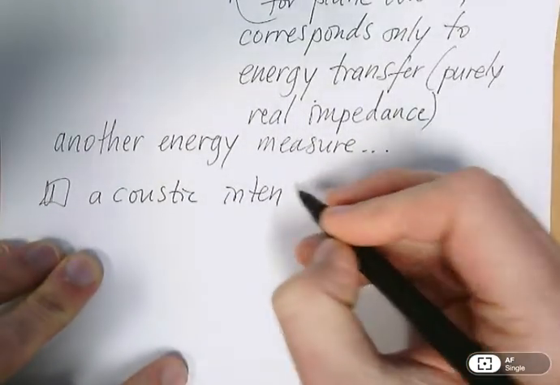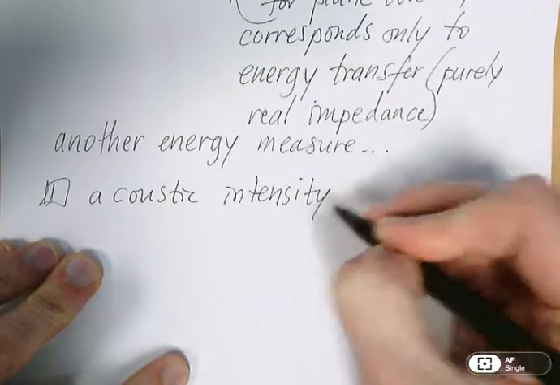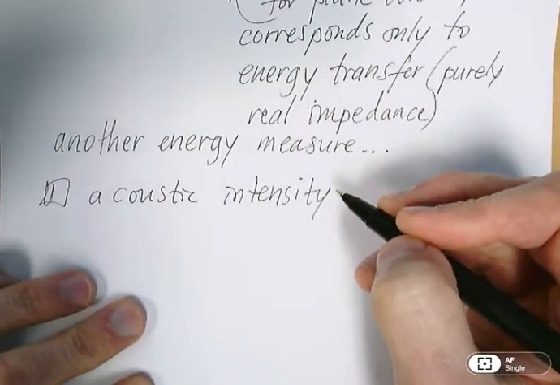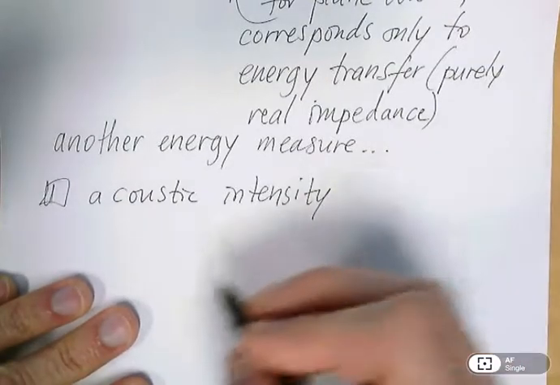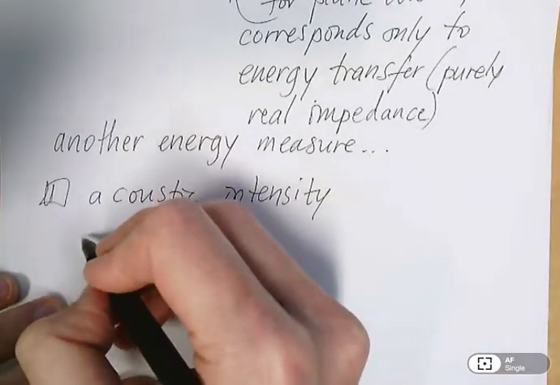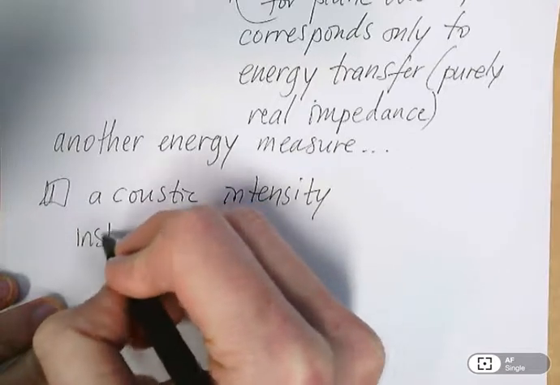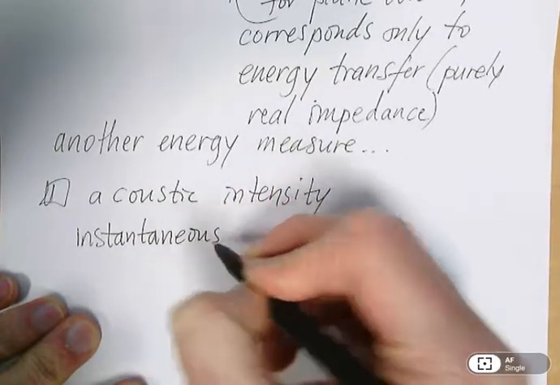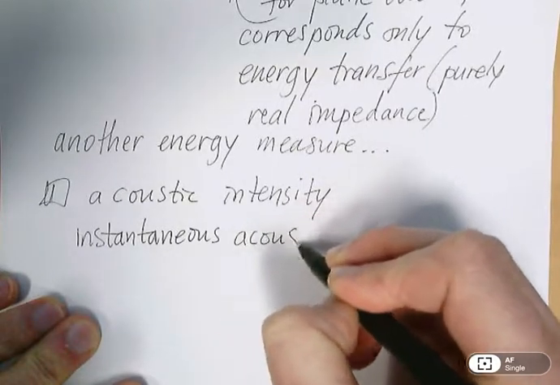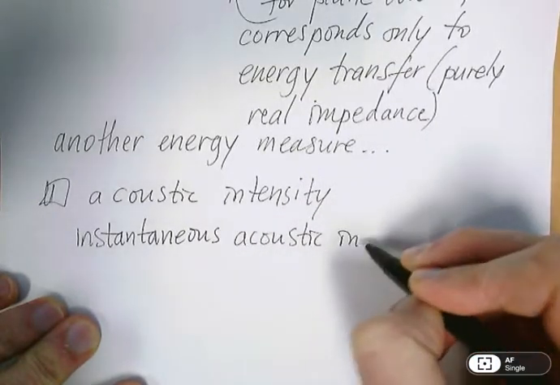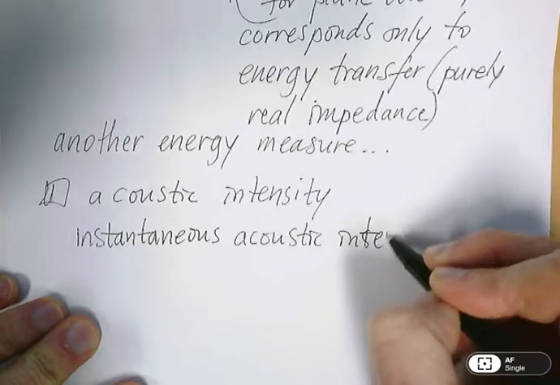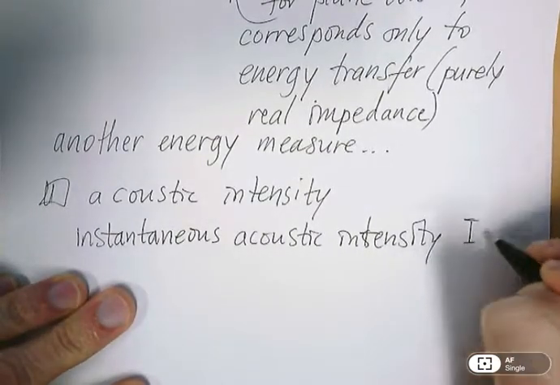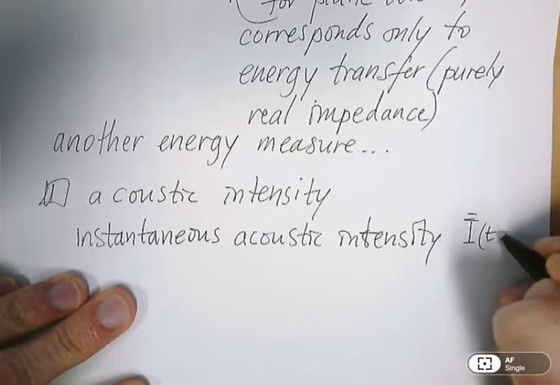And like other measures that are sometimes dealing with harmonic waves and sometimes not, we start off by introducing instantaneous acoustic intensity. And in general, this is a vector, so we'll put an overbar on it.